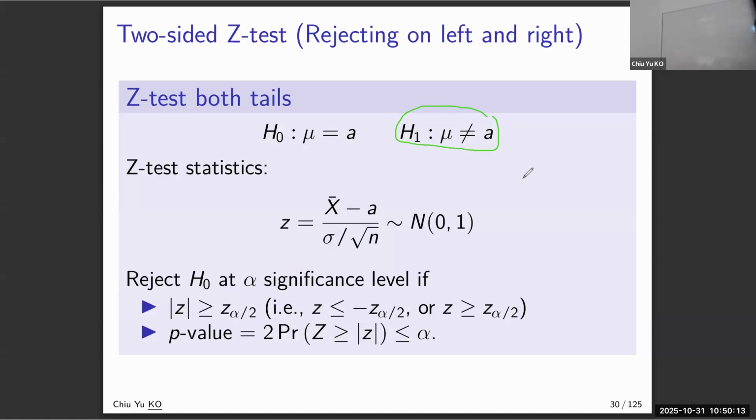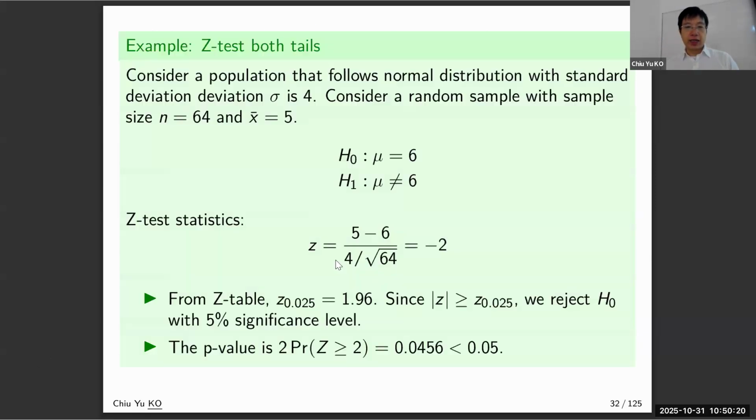Anything bigger than or smaller than, I would not be very happy. Okay. So let's look at the question. Again, you will see the same question, same numbers here. The only difference now is I changed to not equal to. So I hope this similarity would allow you to see how the mechanism works.